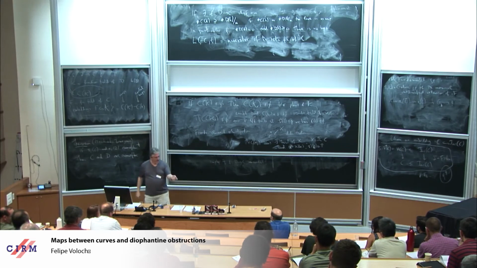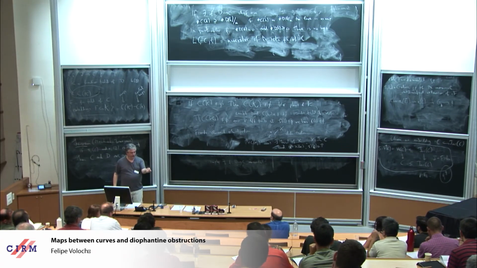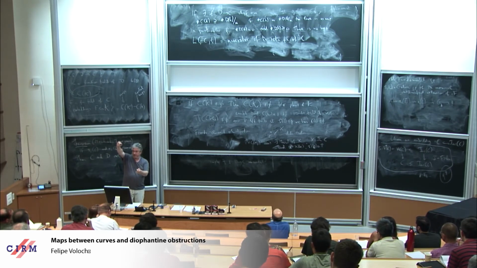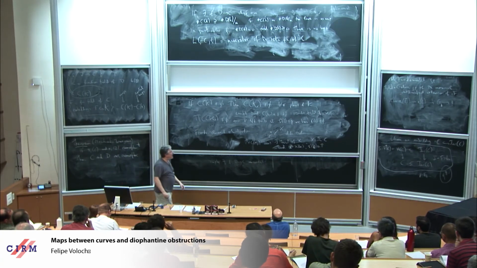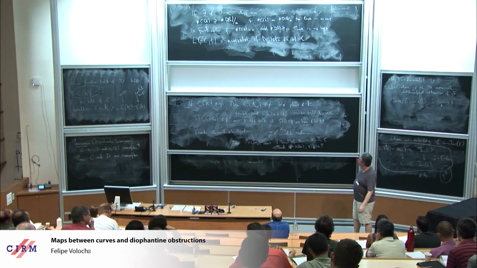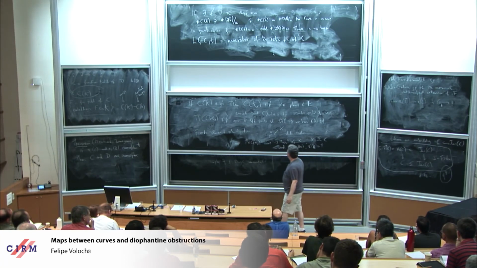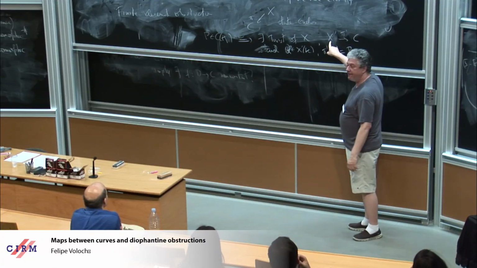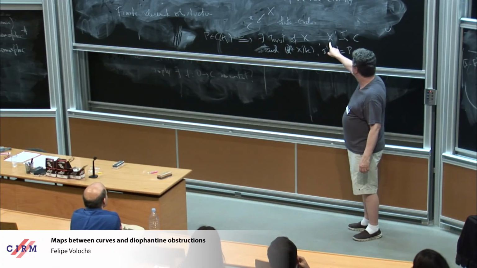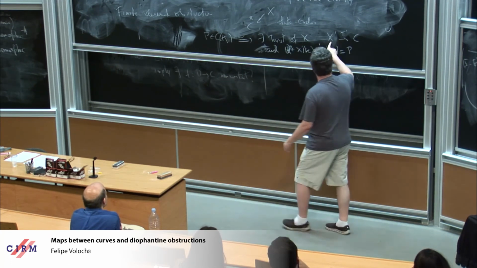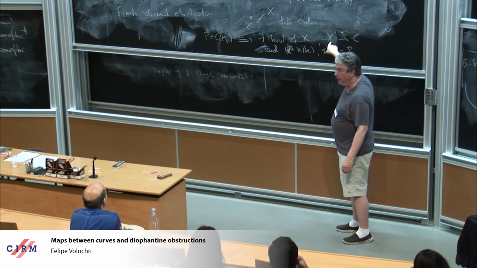So if you have a rational point of C and a cover of C, there's a twist of that cover for which this rational point lifts. And that gives you an obstruction, because if you can show that none of these twists have rational points, then you show that C doesn't have any rational points. How can you show that none of the twists have rational points?